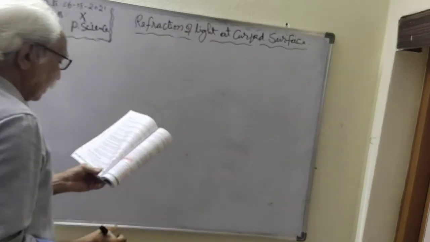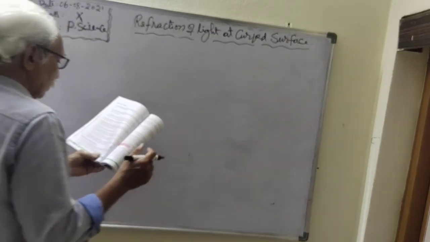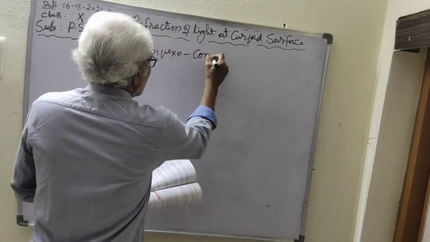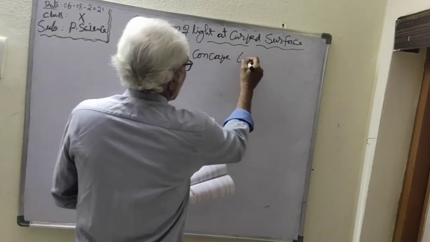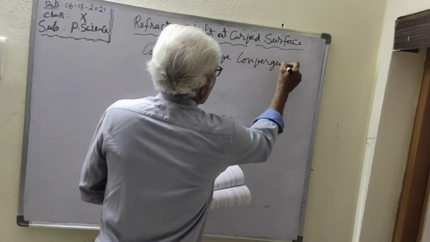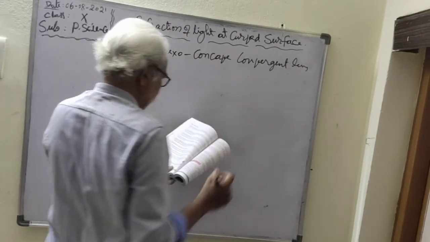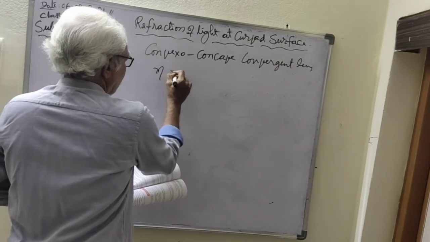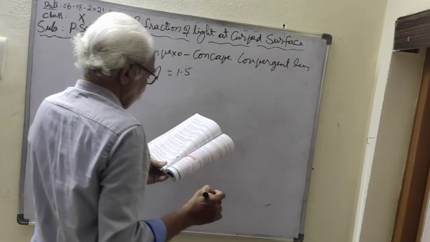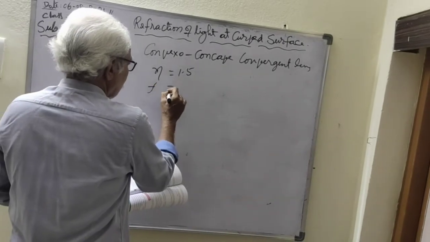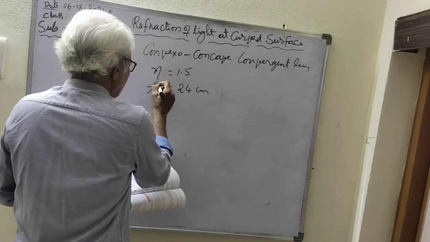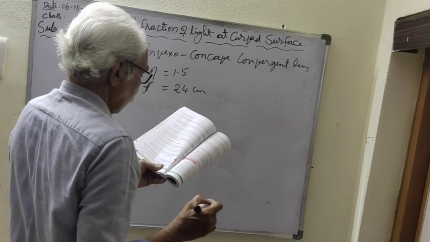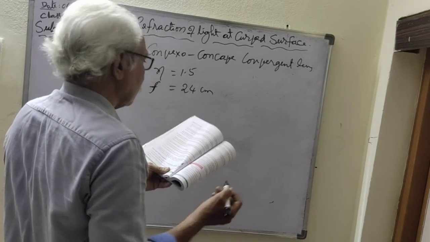The refractive index is 1.5, and F is equal to 24 centimeters, the focal length of the lens.